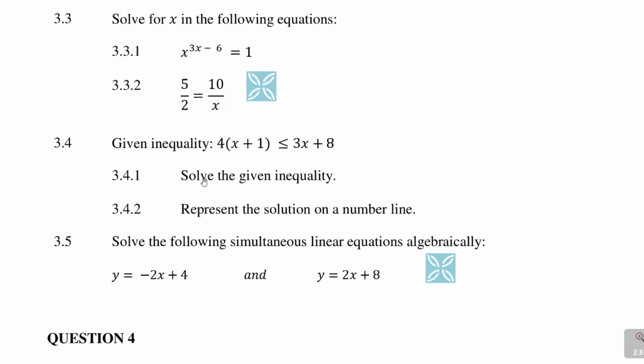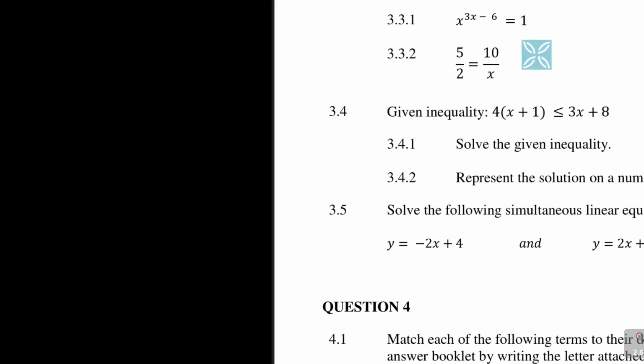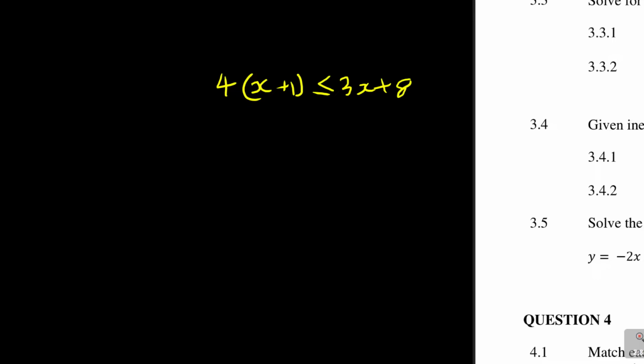Alright, let's look at the next one. It says, given the inequality, 2 marks, this. Solve the given inequality. How do you do this? So you say 4 bracket x plus 1 is less than or equal to 3x plus 8. Are you with me? They said we need to solve. So first of all, open this bracket. This multiplies 4 times x and 4 times 1.